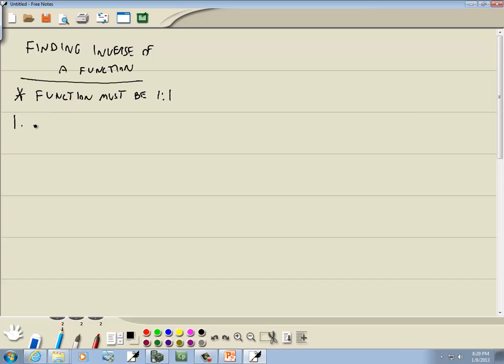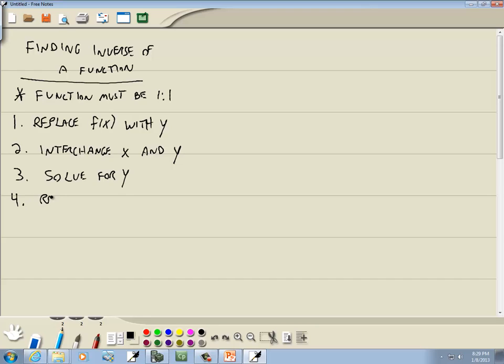Step 1. Replace f of x with y. Step 2. Interchange x and y. Swap them. Step 3. Solve for y.